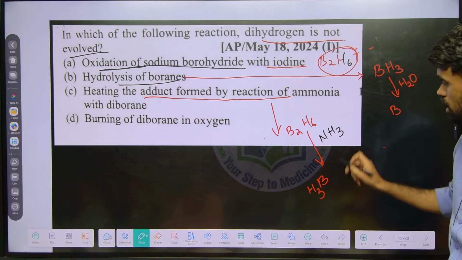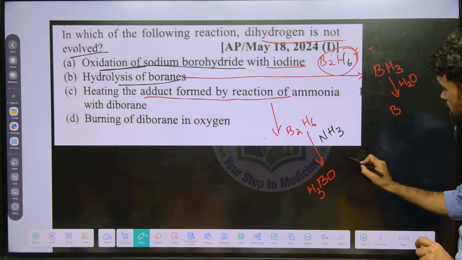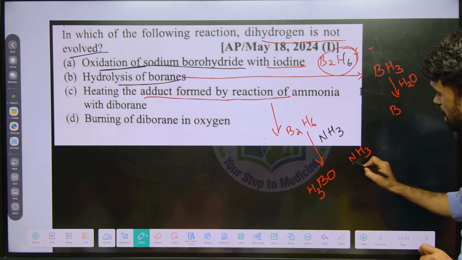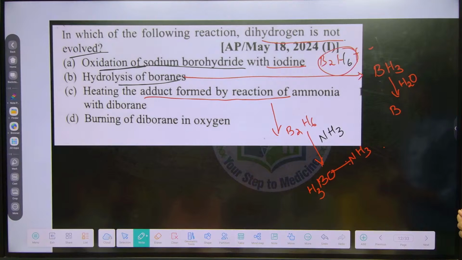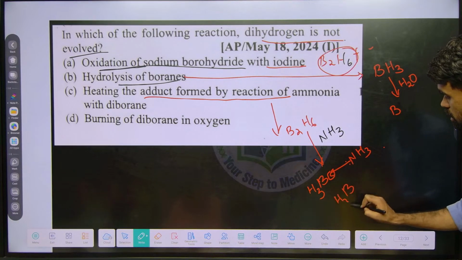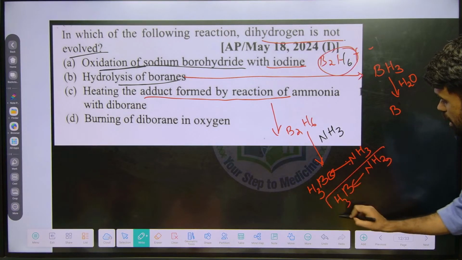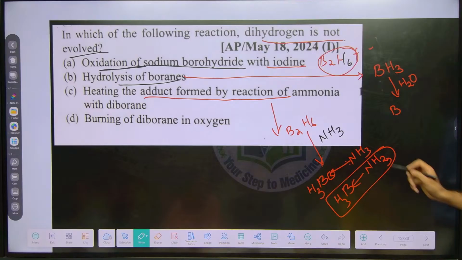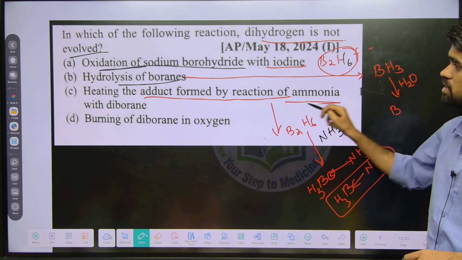BH3 has a vacant orbital, and nitrogen has a lone pair of electrons, so it will be donated into this. So something like BH3 NH3, this kind of dative bond will be observed.